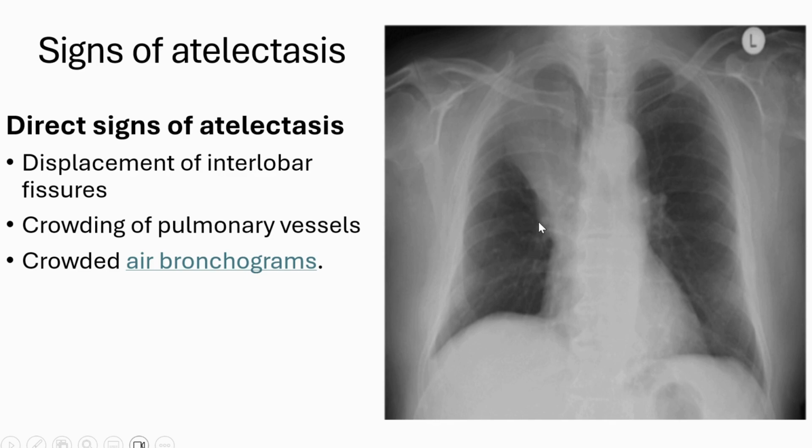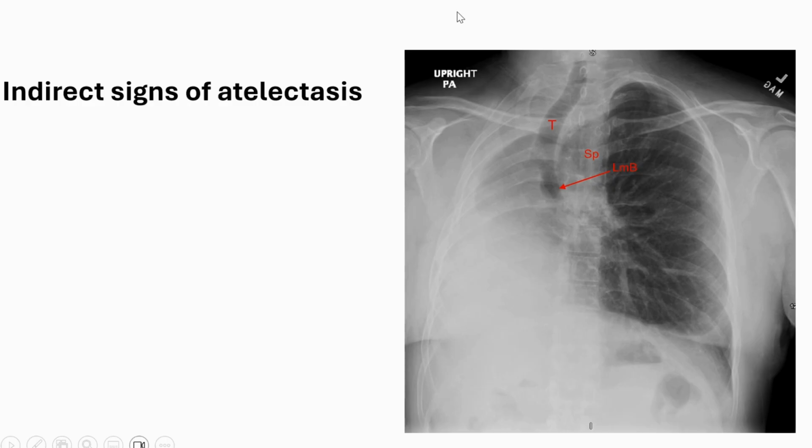Now crowding of the vessels. We can see that these radiopaque structures are the vessels. As we can compare in the lower lobe, there is a crowding of vessels and air bronchogram crowding. So as we can see there, these linear structures are the air bronchogram. These are crowded. These are the direct signs of atelectasis or collapse.